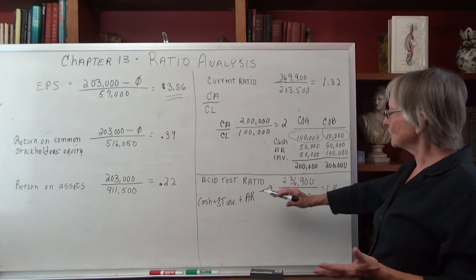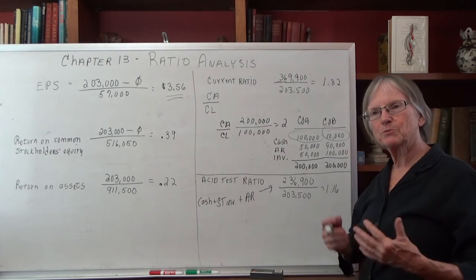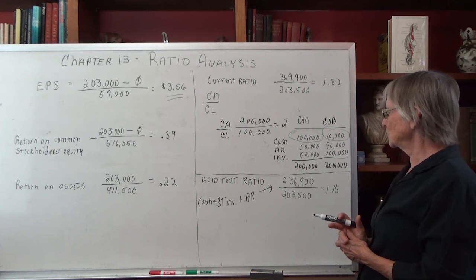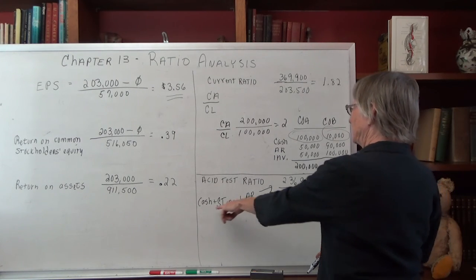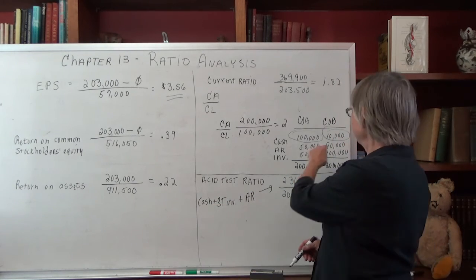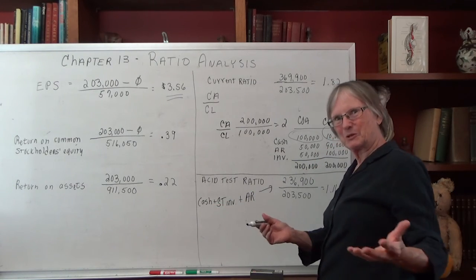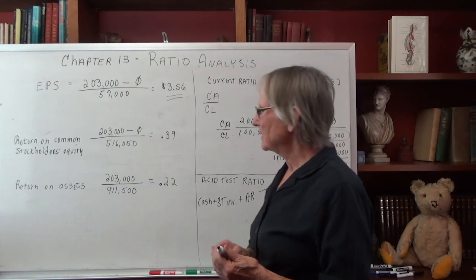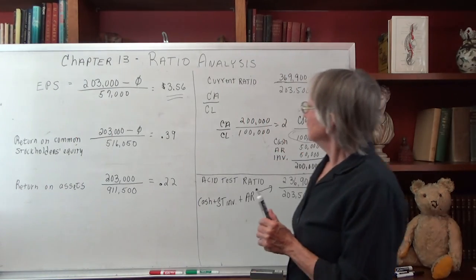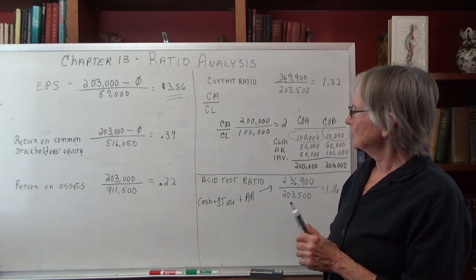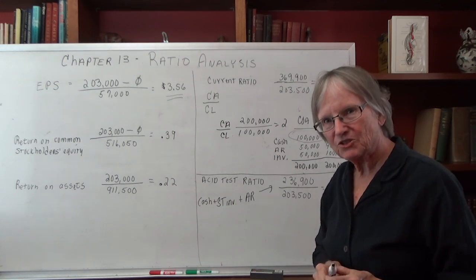So this is like the quick ratio, the acid test ratio. If we had to pay things off right now, could we do it? Of course, the same caveat applies. Cash could be a very small amount of that, as in company B, or it could be a reasonable amount of it, as in company A. Okay, so that's that, and I think I'm going to do some more ratios in the next video.